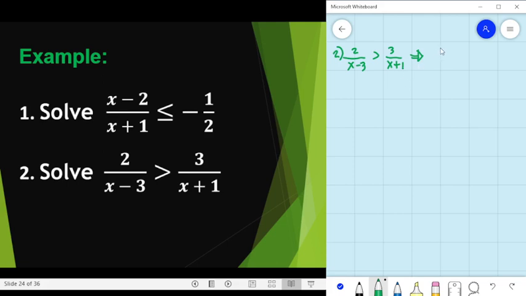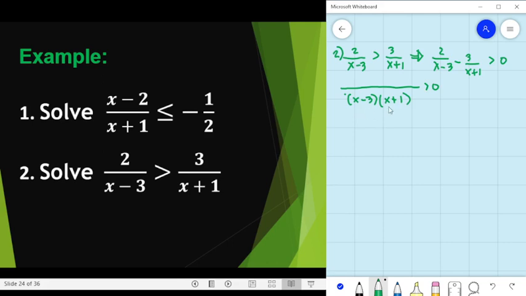So that is why it would be 2 over x minus 3 minus 3 over x plus 1 is greater than 0. Okay? So, our LCD here, the LCD would be quantity x minus 3 times quantity x plus 1.